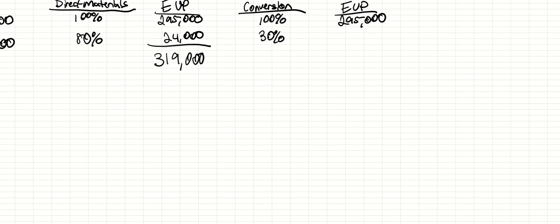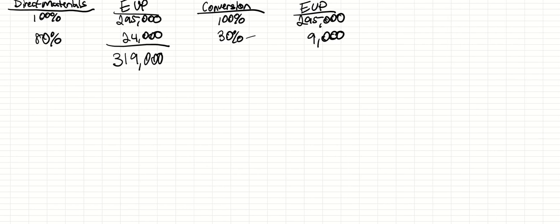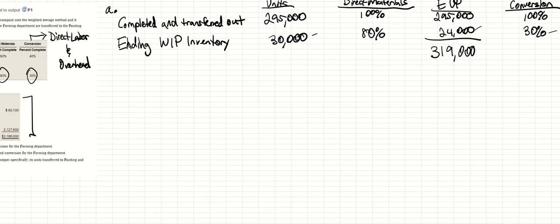So that's going to give us 9,000. Okay, so 30% of 30,000 units. So I was looking at the wrong number. I was looking at this here. All right, so 295,000 plus 9,000, that's going to give us 304,000 for EUP for conversion. Okay, so that's letter A.